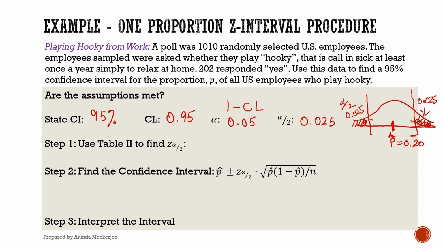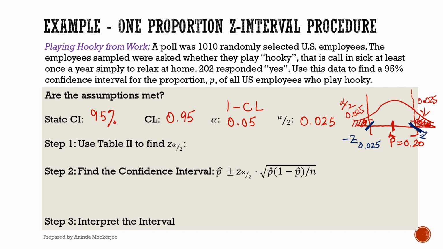So to find the endpoints, all we need to do is find z of 0.025 and then convert that to the corresponding x bar value. So this is going to be negative z of 0.025. The good thing about working with the z distribution is that we don't have to worry about DFs, degrees of freedom, and all that, correct?